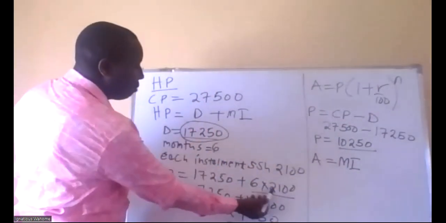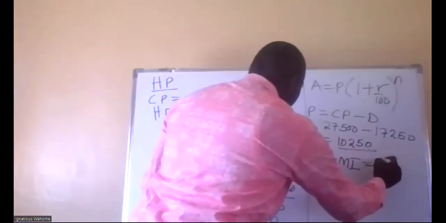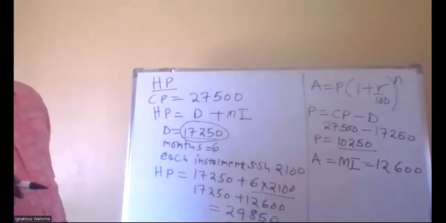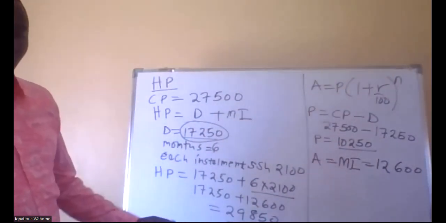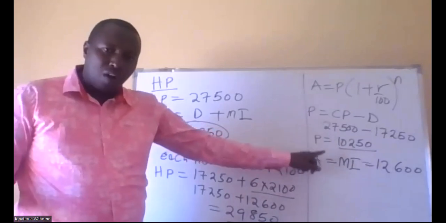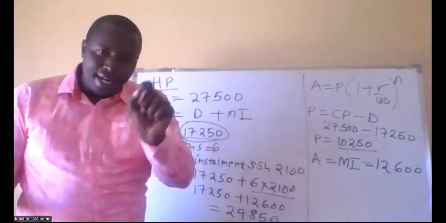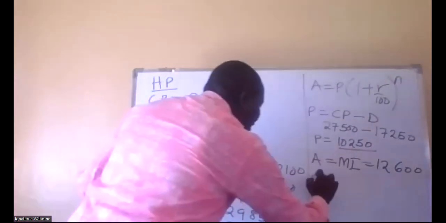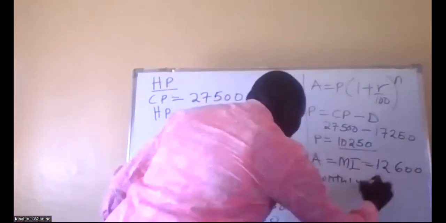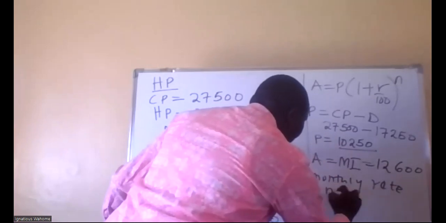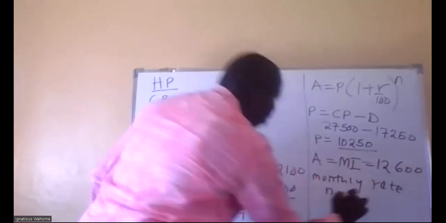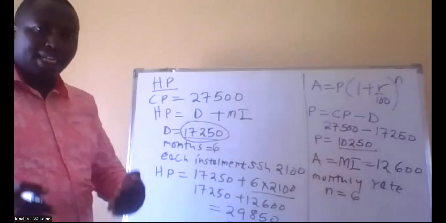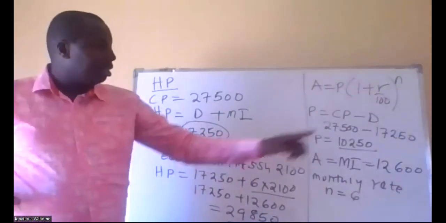It is 6 times 2,100, which was 12,600. You have P, you have A. N is the number of months, because we are talking of monthly rate. So N in this case is 6 months. What you want to calculate is the rate R.